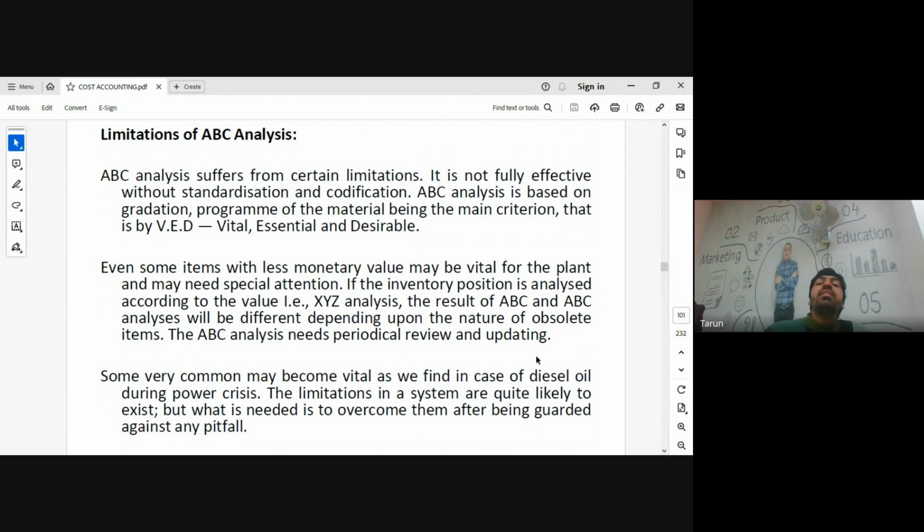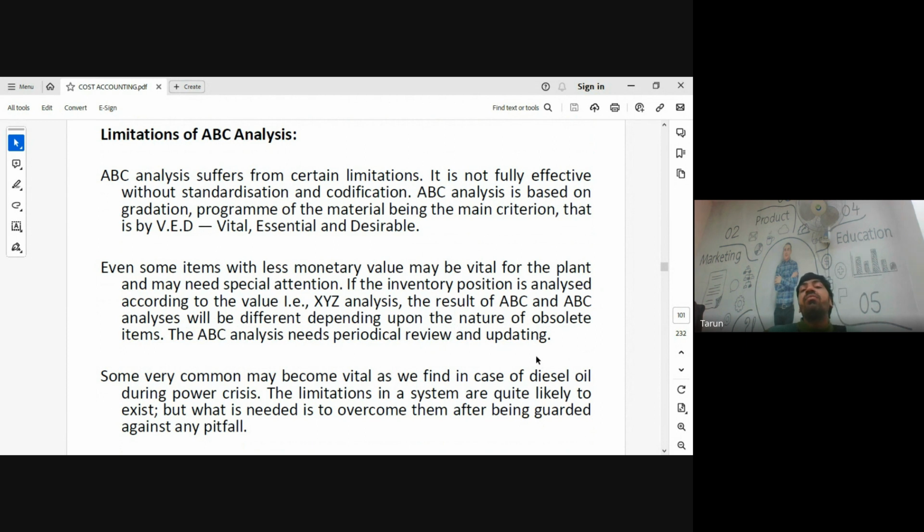Next, some very common items may become vital, as we found in the case of diesel oil during a power crisis. Sometimes there is an economic crisis or a political crisis, and it always affects the prices of diesel and petrol, and such analysis will not cover these.